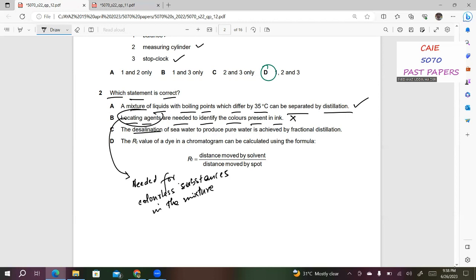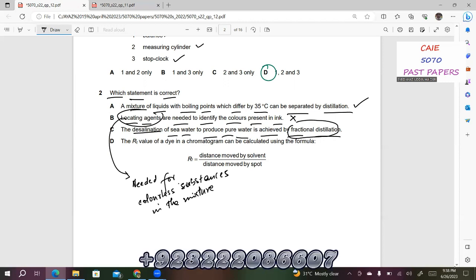C, the desalination of seawater to produce pure water is achieved by fractional distillation. It is achieved by simple distillation, not fractional distillation. So this is also incorrect.